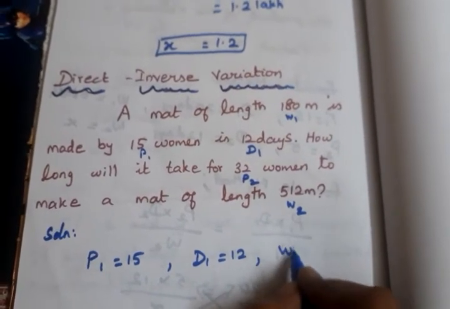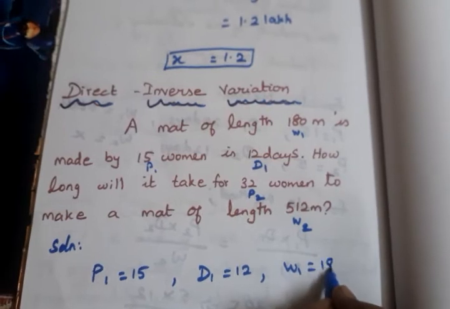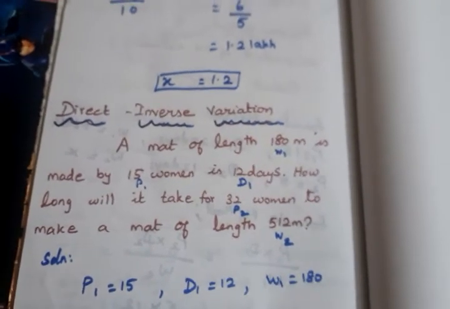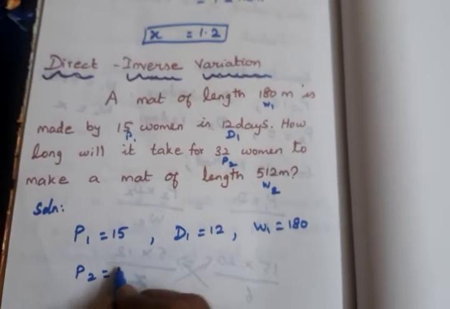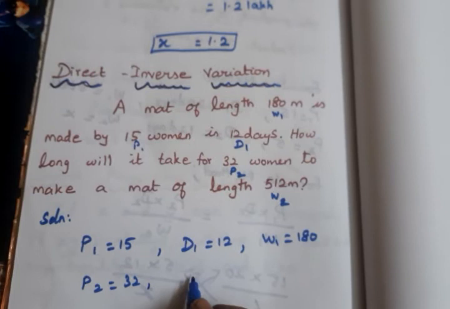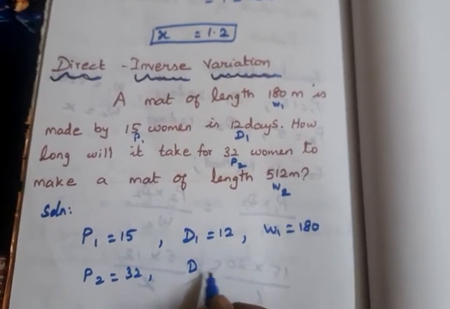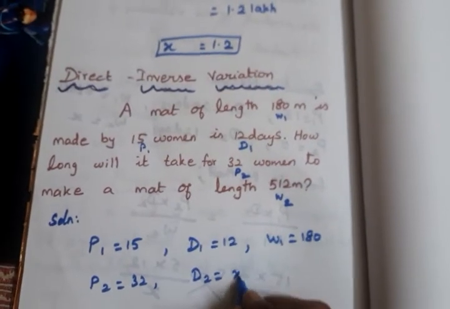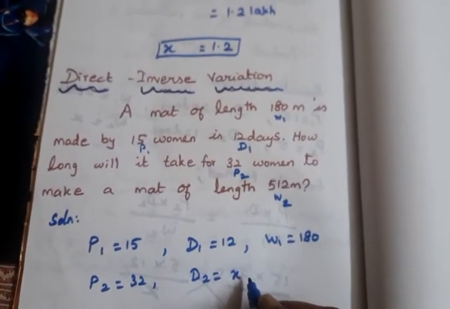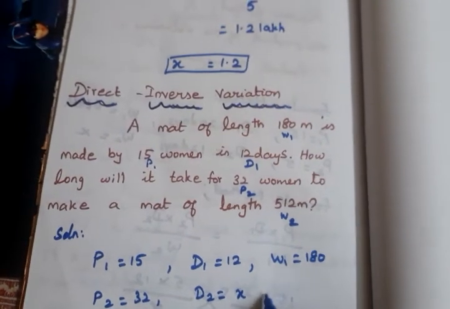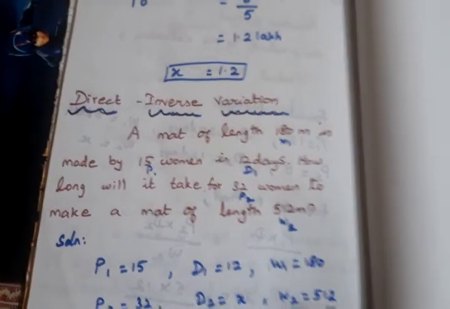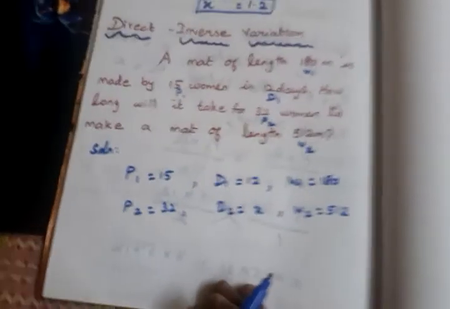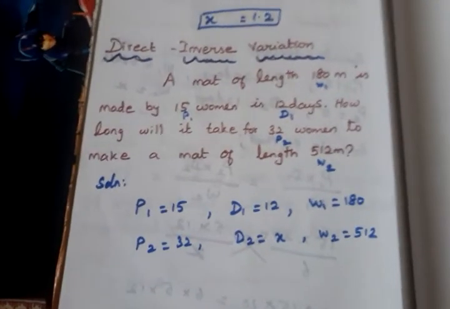Next W1 equal to 180 meters. Then next P2, 32 women. How will we find days? That is called X, we consider X as D2. The next W2 is 512.